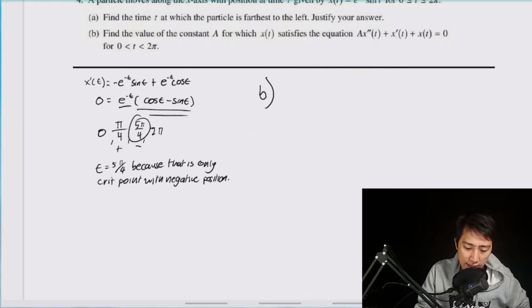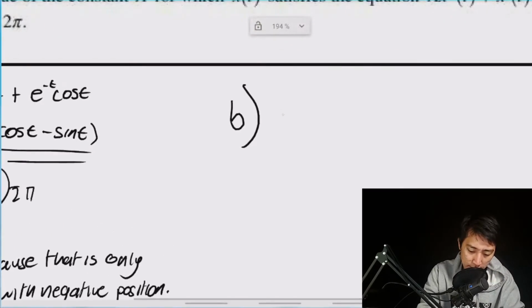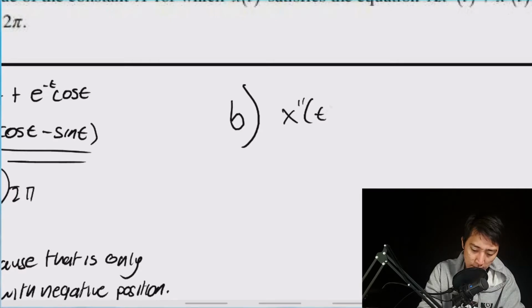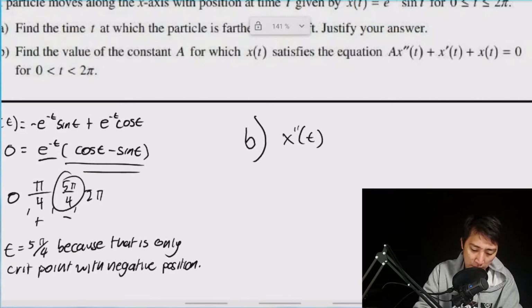The value of the constant a, which satisfies... okay, so now here, what we're going to do is take x double prime of t, and I'm going to use my x prime of t as reference.